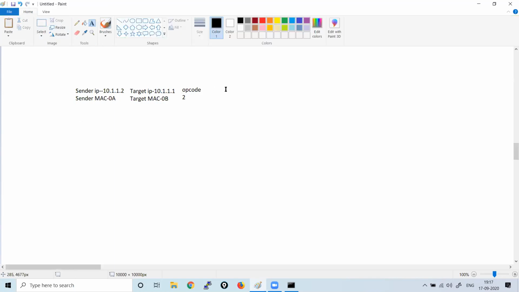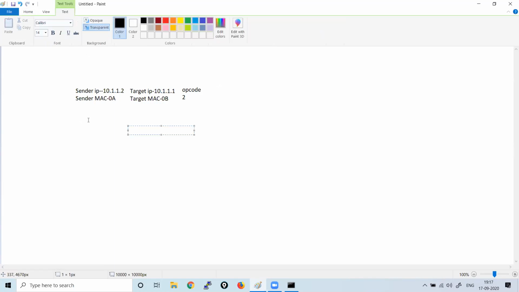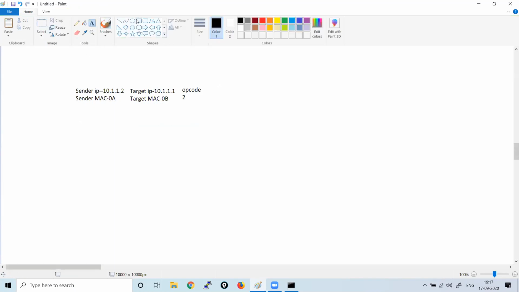Now next, what is added after the header? This is handed over to layer 2.